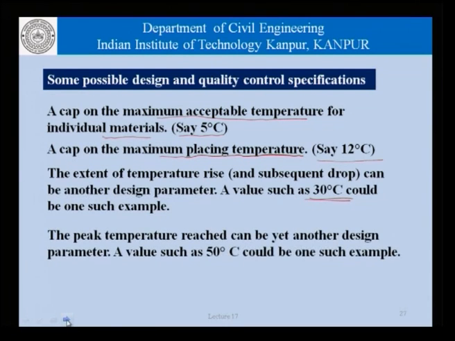The peak temperature reached can be yet another design parameter, and a value such as 50 degrees centigrade could be an example. So, as a designer, a concrete engineer has various options available to specify, and then it is up to us and our innovativeness to figure out ways and means of how those targets can be achieved.